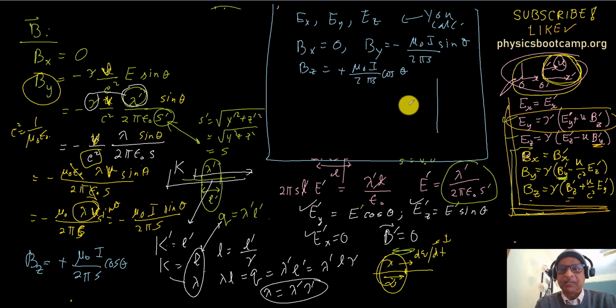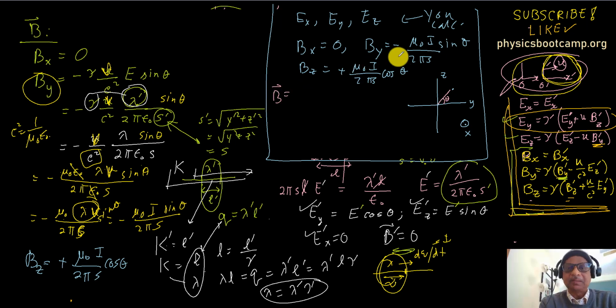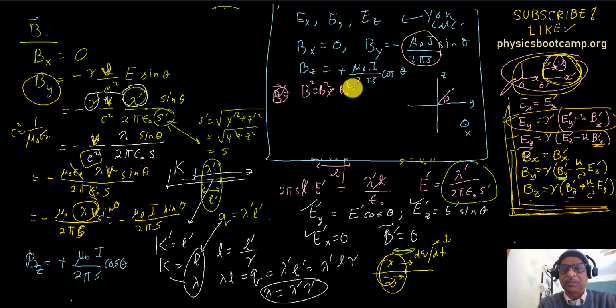And what is theta? In the yz plane, x is coming out of this, and I'm over here, and this is theta. So let's call the magnitude B, B square is B x square plus B y square plus B z square. That will give you B equals mu naught I over 2 pi s.